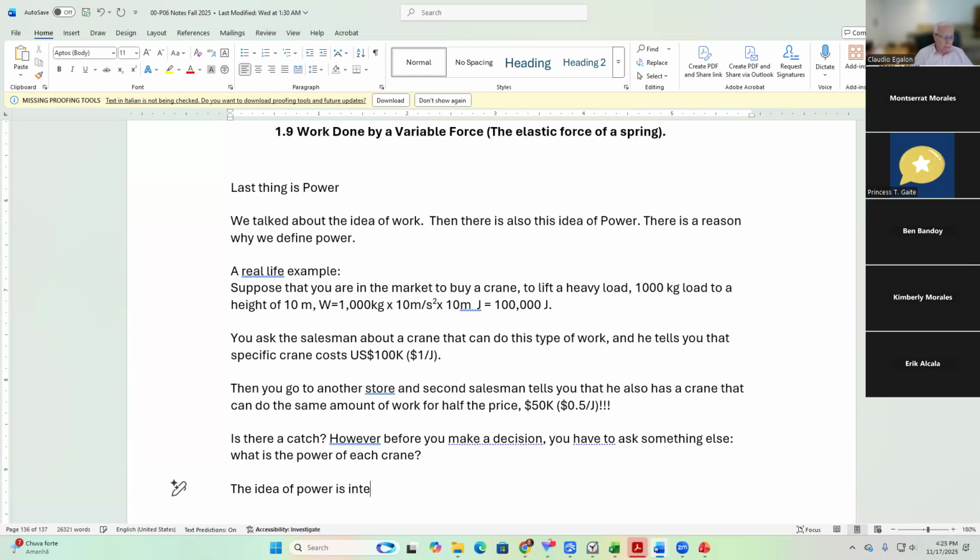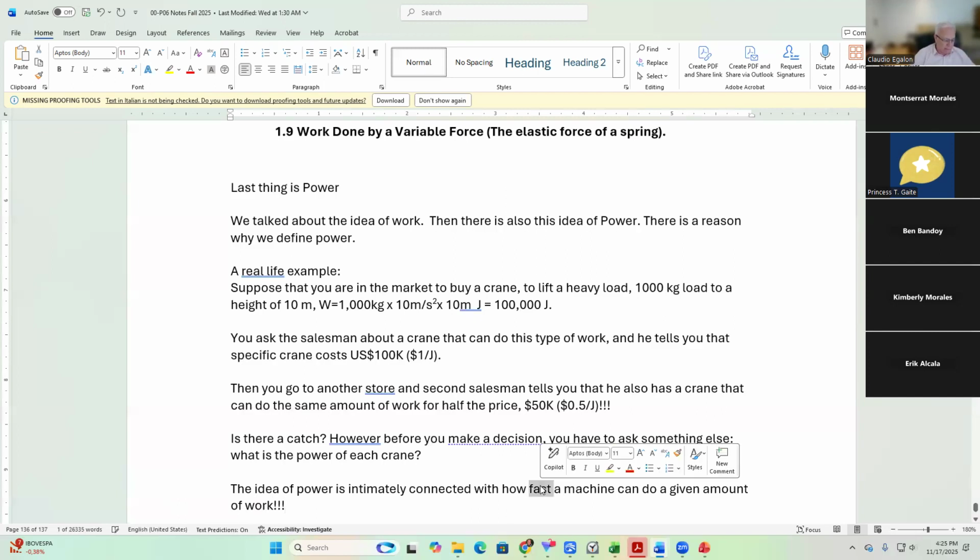This idea of power is intimately connected with how fast a given machine can do a given amount of work.